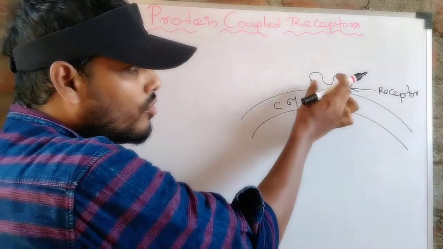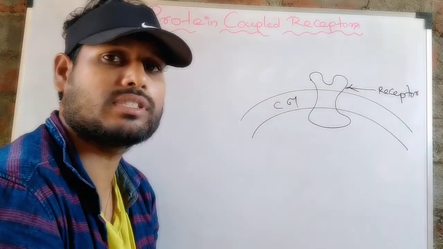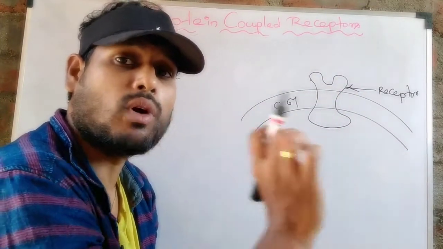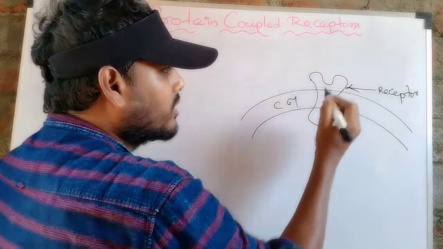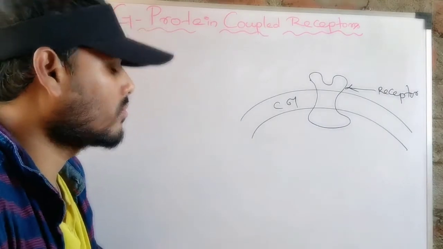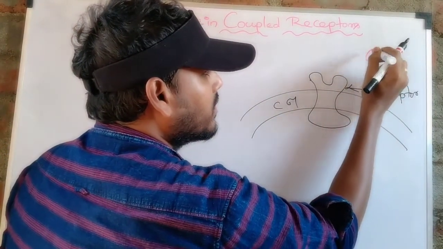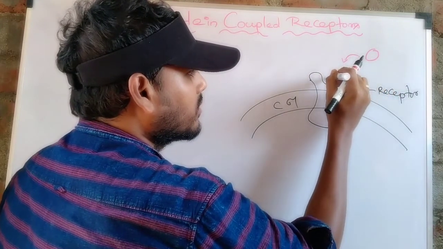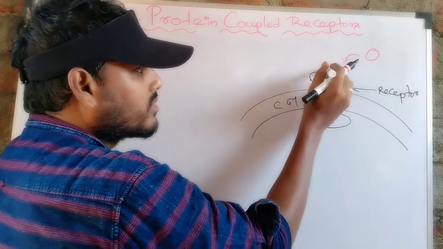For activation of any type of receptor, we need one signaling molecule or ligand molecule. Assume that one ligand molecule will come and bind exactly into the binding site of this receptor.